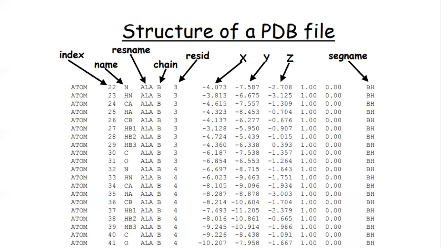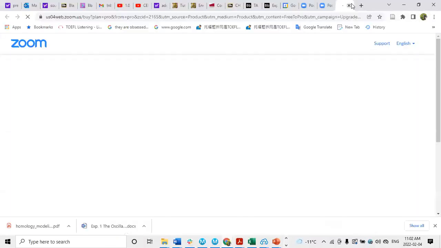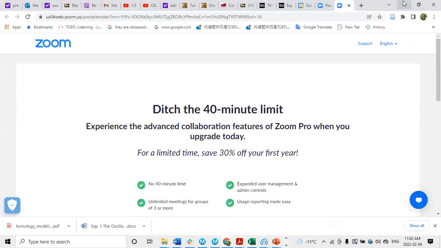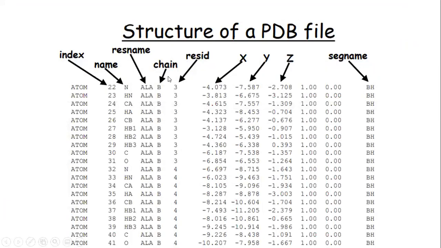This is the residue name, and this is the chain. When a crystallographer crystallizes a protein, maybe in some crystals you have more than one protein.